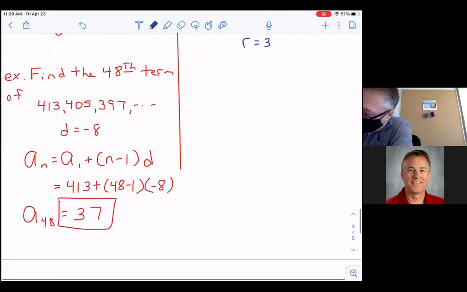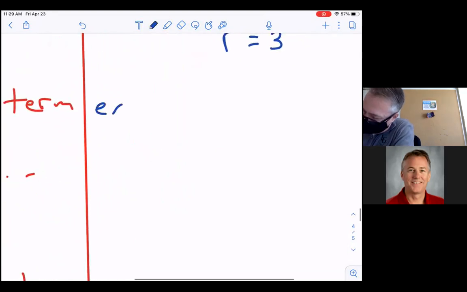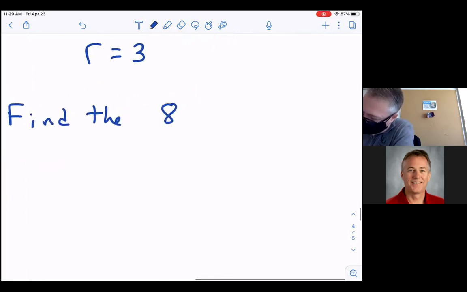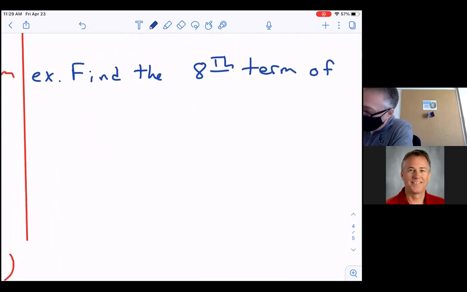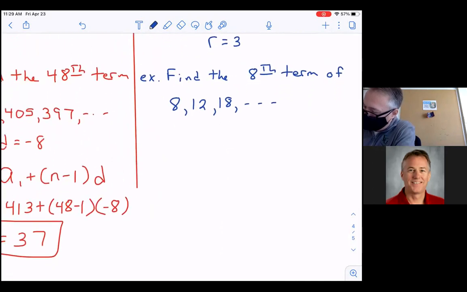Let's find the 8th term of this sequence: 8, 12, 18, and so on.